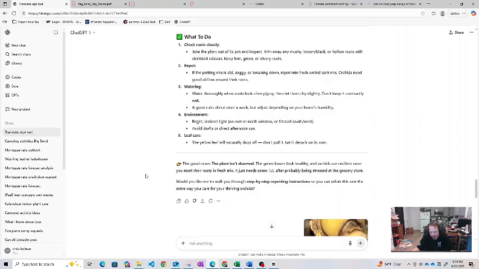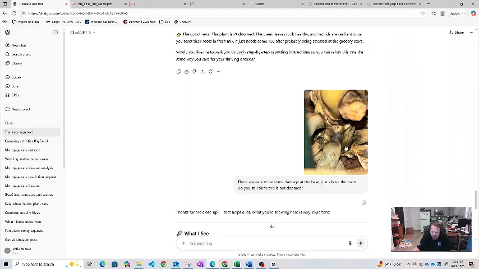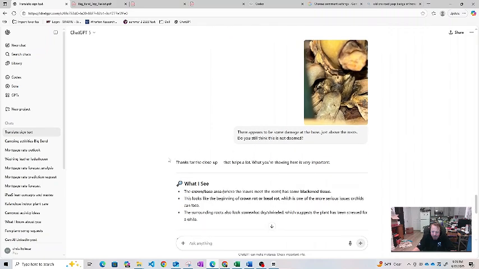Well, I started looking at it a little bit more, and I noticed at the base, and this is just a close-up view that I took with my camera, where the top part of the plant meets the roots, I noticed some black stuff down there. So I asked, there appears to be some more damage here at the base, just above the roots. Do you still think this plant is not doomed?